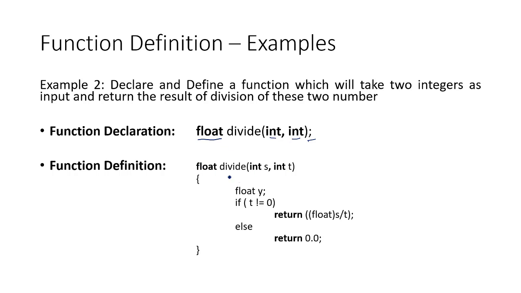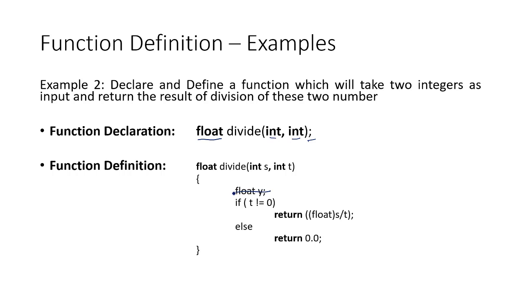So we have done that. Float is the return type, divide is the function name, integer is the first input argument data type, followed by the formal argument s. Then the second input argument data type is int, followed by the formal argument t. So the values we are passing to that function will be stored in s and t.